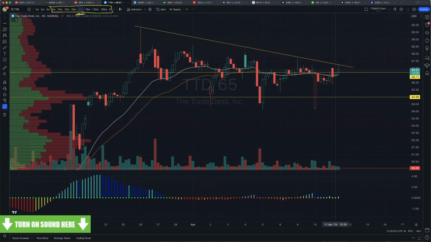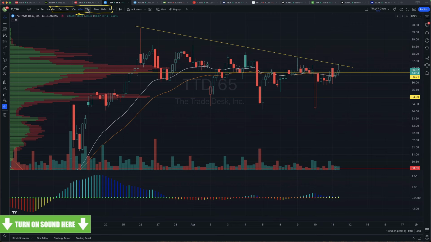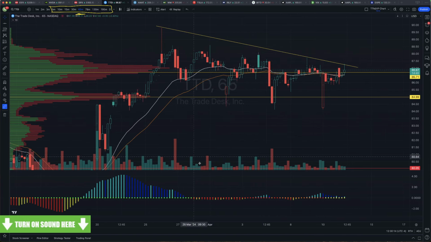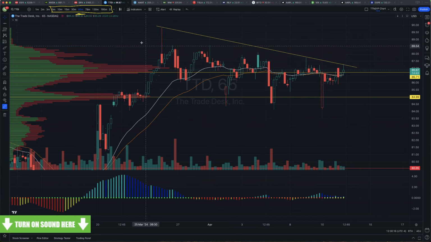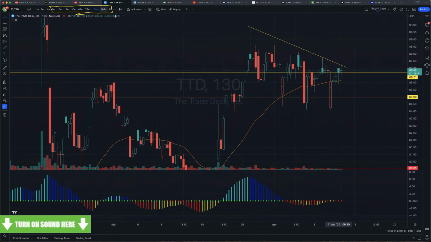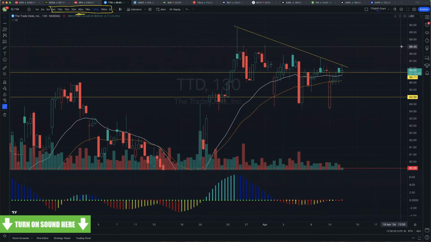Some people use an hourly. I use a 65. The 78 is also an exact number of candles per day. The 130, same, 195.